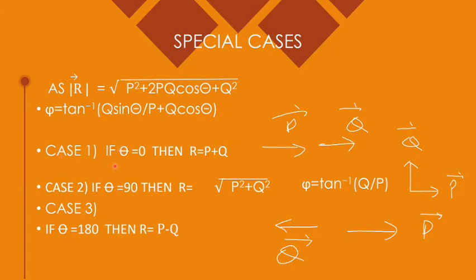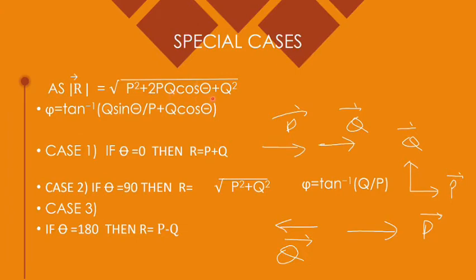First case: if theta is 0, p and q both are acting along the same line, in the same direction. Then you put the value of theta as 0 in this equation for the magnitude of the R vector, where cos 0 is 1.